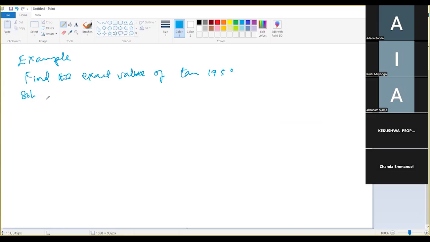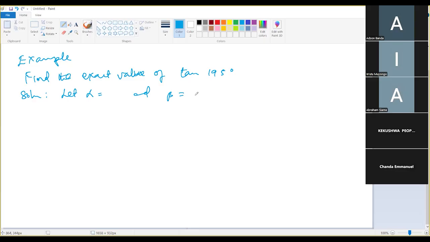The first question I want to ask you is: what 2 angles can you add or subtract to get 195 degrees, which involve a standard angle? We can use 150 and 45 degrees. So what do you do there?